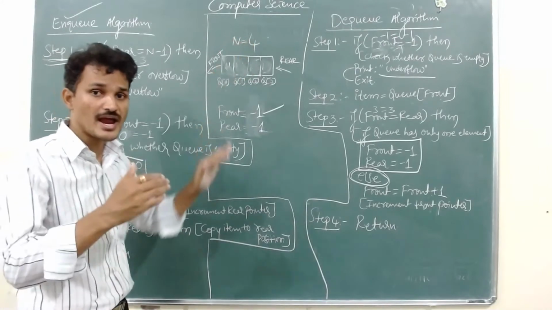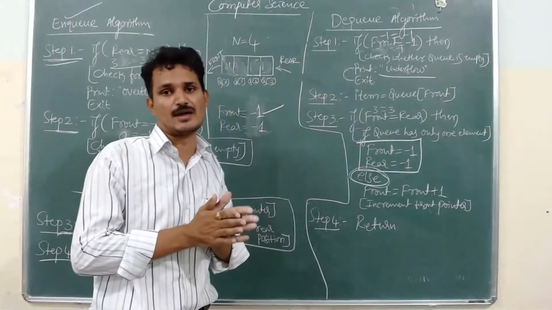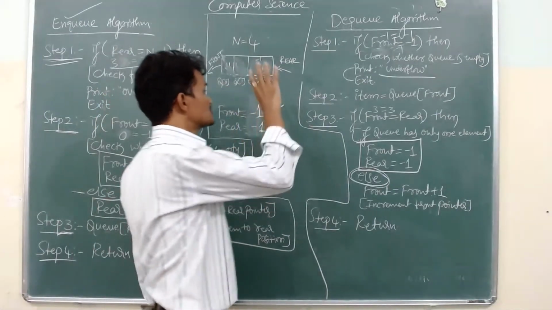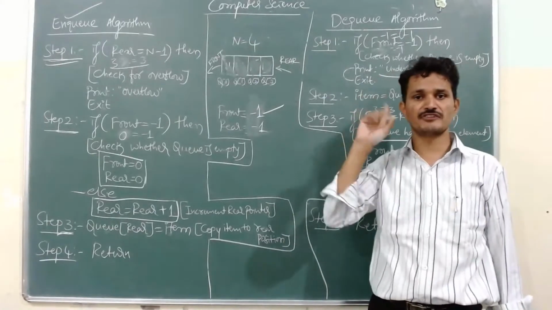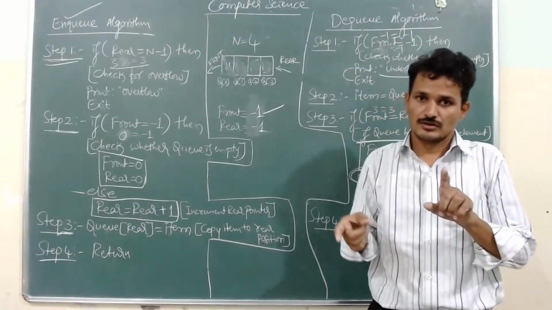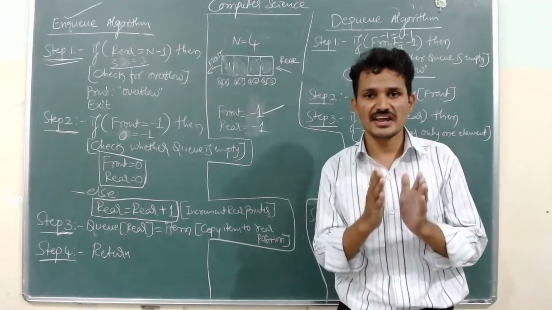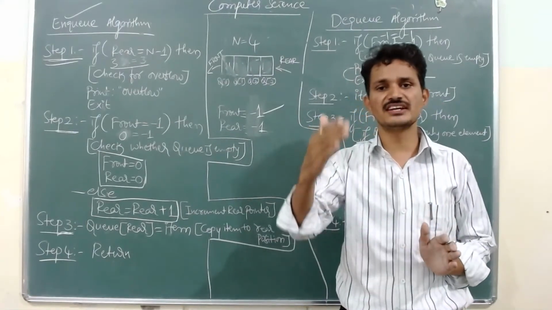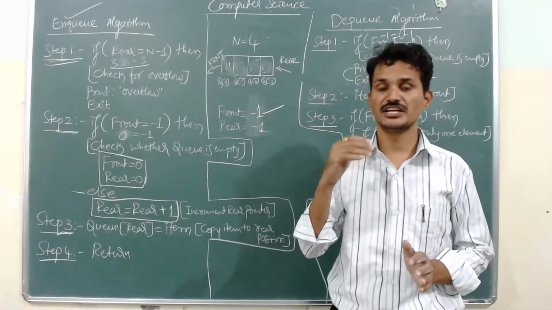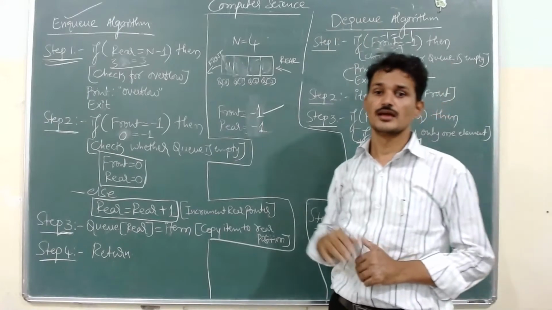What we have done is just delete the elements one by one. During the process of deletion, you need to observe that rear remains fixed and front goes on increasing by +1. In which algorithm? In the Dequeue algorithm.